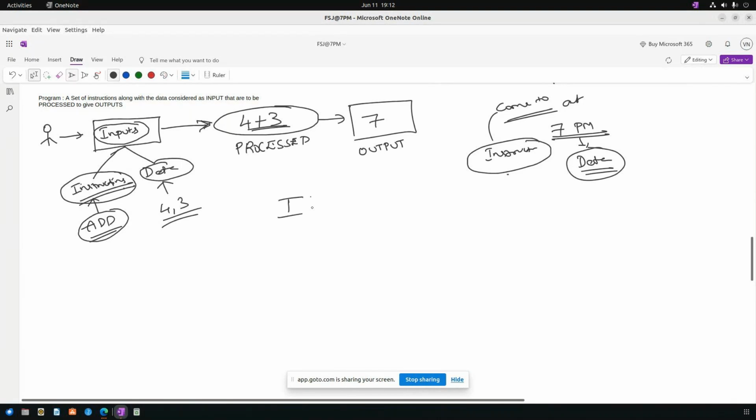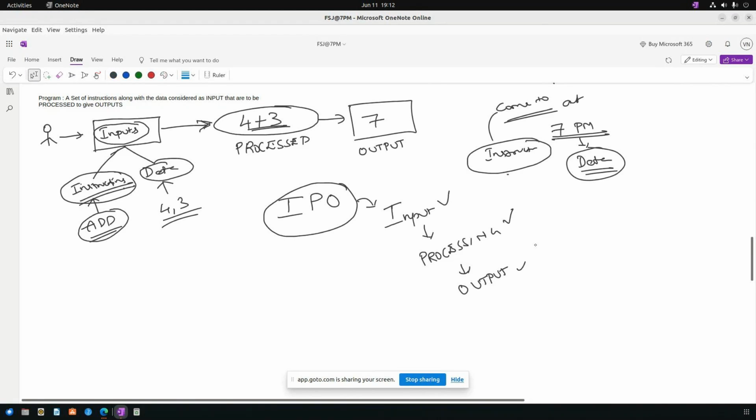You are working with IPO. IPO stands for input, processing and output. So basically you need to give the input, and those inputs are processed and will give you the output.